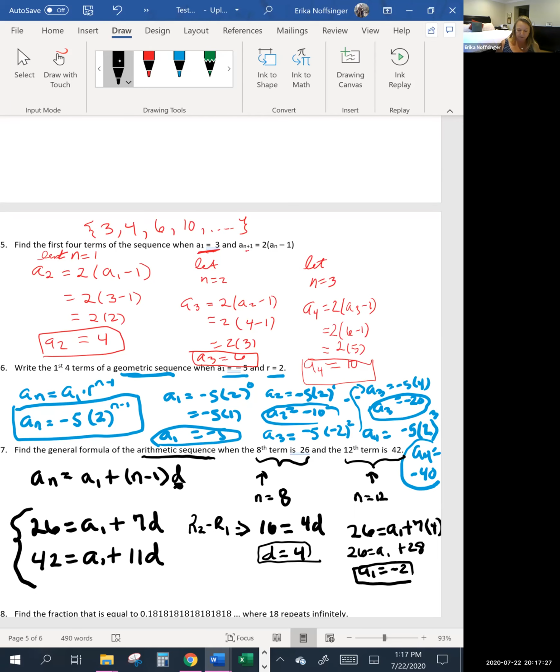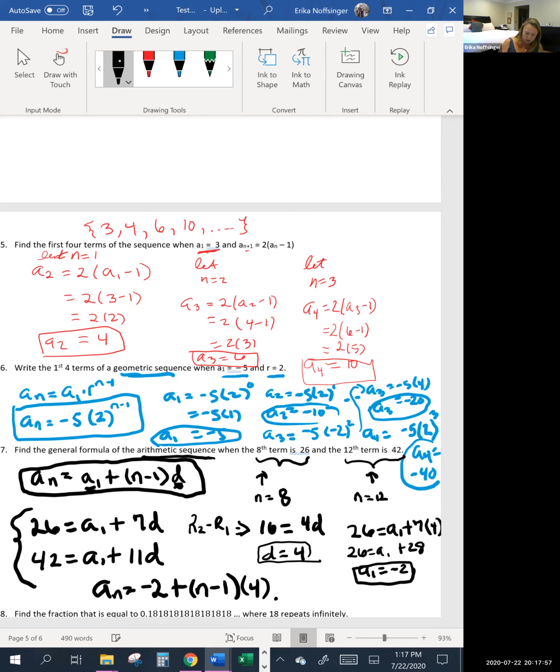So with the given information, we're going to plug in a sub 1 and d of this arithmetic sequence, and then we have the general formula for the nth term. So a sub n is equal to the first term, which we found to be -2, plus n minus 1 times d, and d we found to be 4.